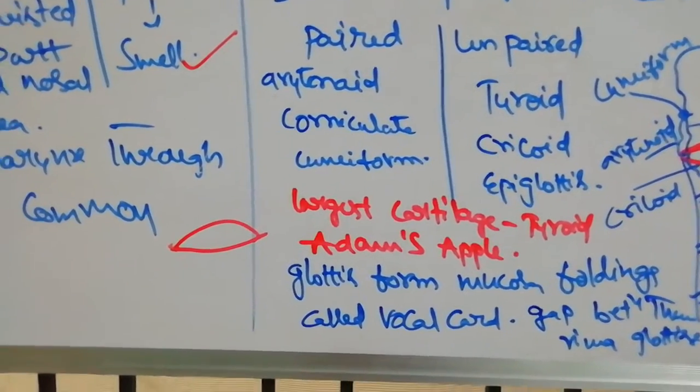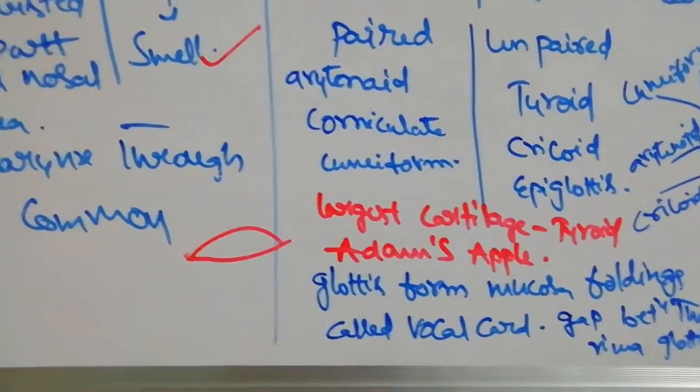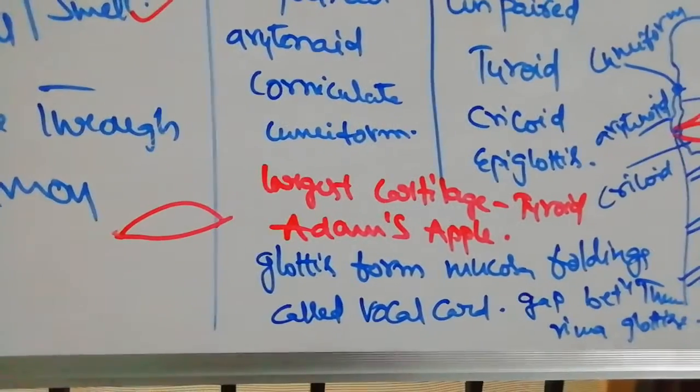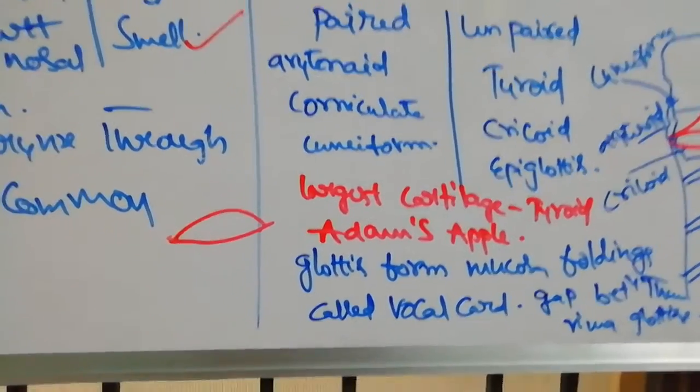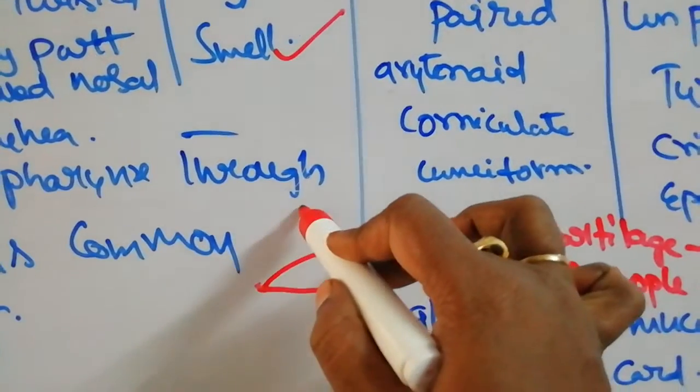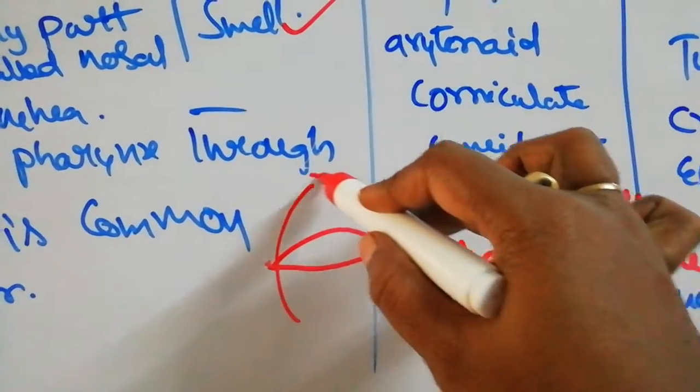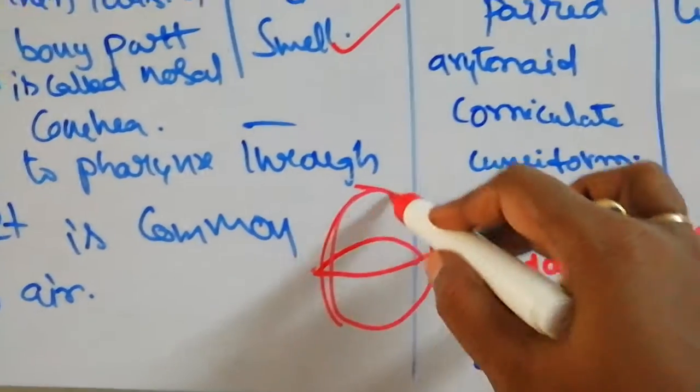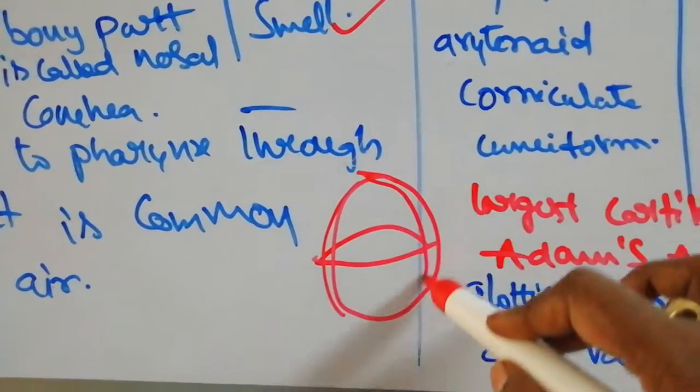Glottis to the thyroid, here strings, mucus foldings are present, those are called the vocal cords. So the thyroid and epiglottis, combining, form the vocal cords. Vocal cords will be present.